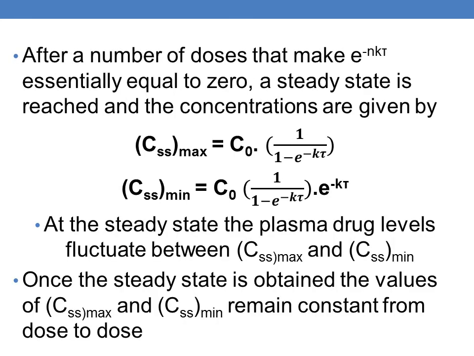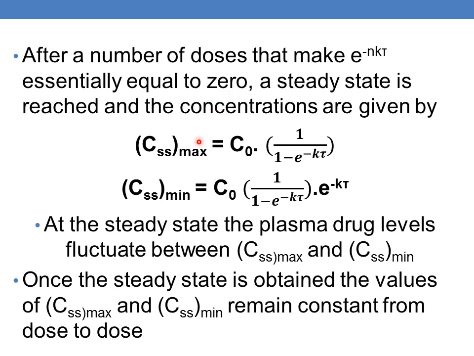After a number of doses, the term e to the power of minus nk tau becomes essentially 0 and a steady state is reached.